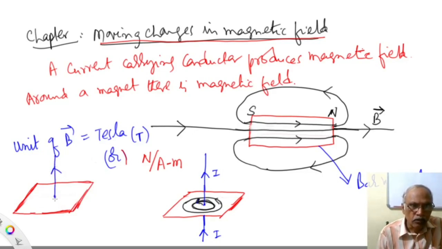This is the conductor. Now the current is going down. I want to show the current in the downward direction.